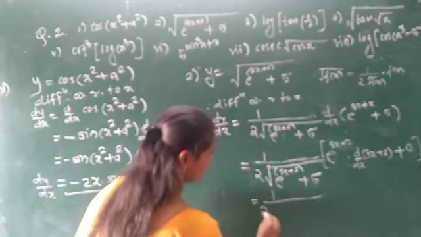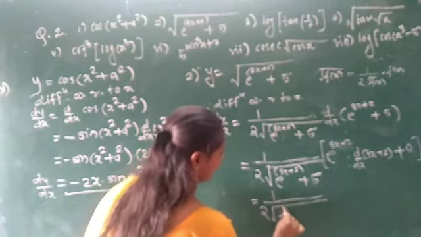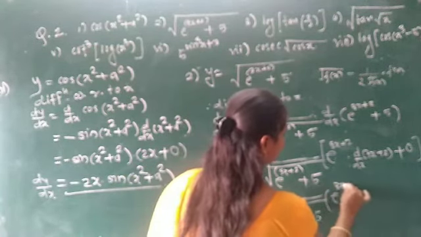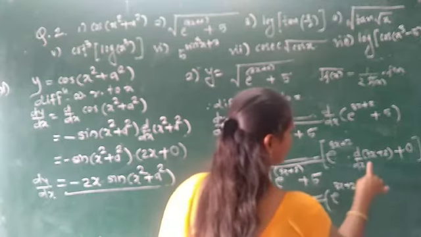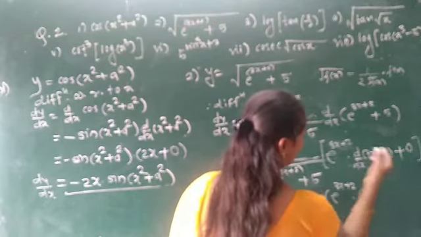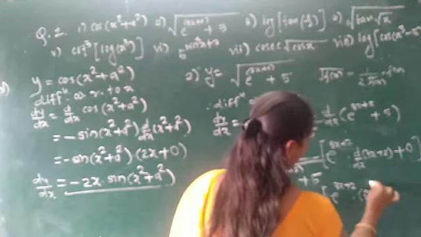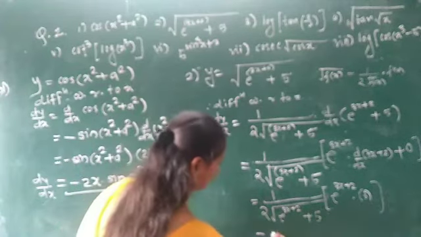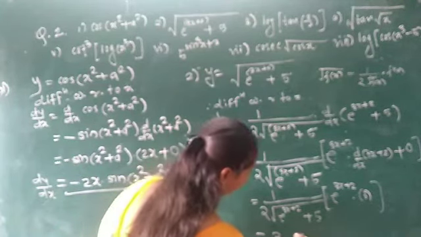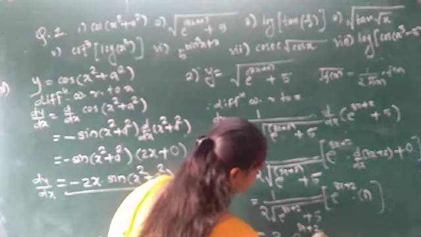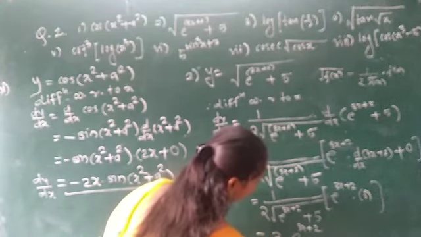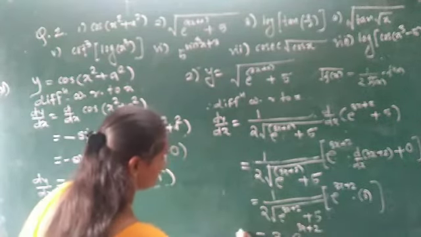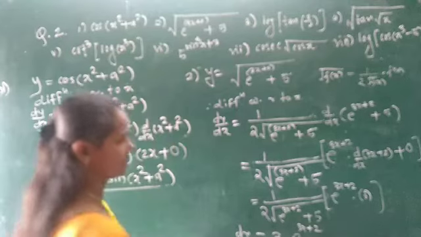So 1 upon 2 root e raised to 3x plus 2 plus 5, into e raised to 3x plus 2 plus 5 as it is, into the derivative: the derivative of 3x is 3 and the derivative of 2 becomes 0. So the answer is 3 by 2 into e raised to 3x plus 2, divided by root e raised to 3x plus 2 plus 5. Final answer dy upon dx.